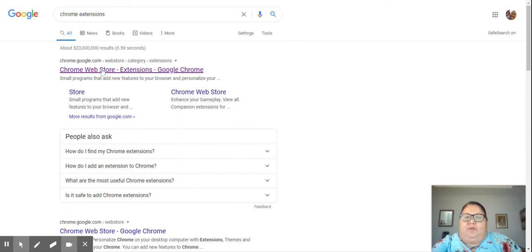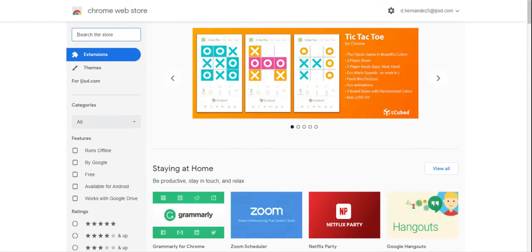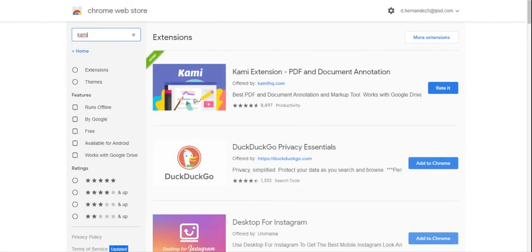When you go to the web store, you're going to search for Kami. The thing about Kami is that you can write on PDF documents. That's why I want you to use it. Here it'll say add to Chrome, and you just click add, and then you go in there, use your Google email to sign in, because the school has already paid for you to use it. But you need to be using your email from Google, from the district.